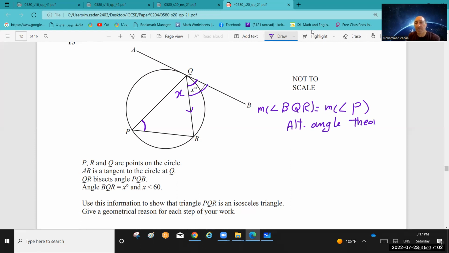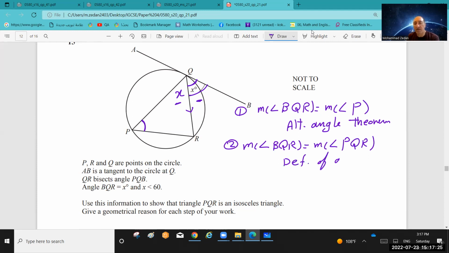That is the reason. Number two, again the measure of angle BQR is equal to the measure of angle PQR, because QR is the bisector. This is the definition of angle bisector.